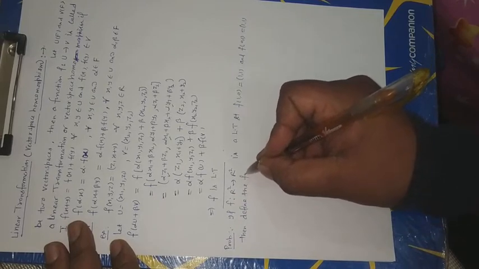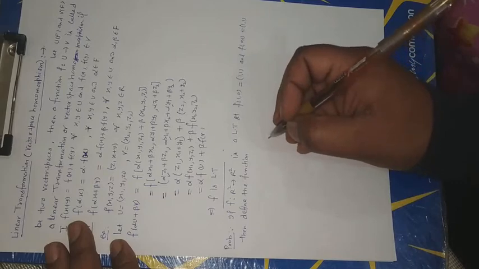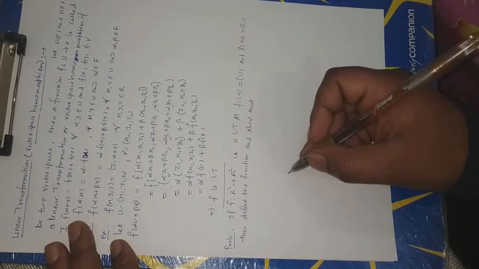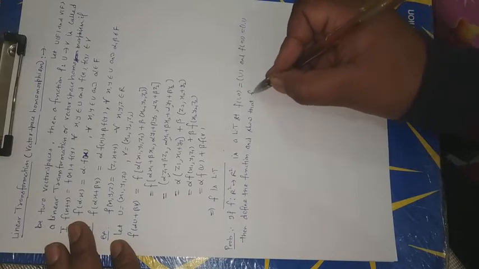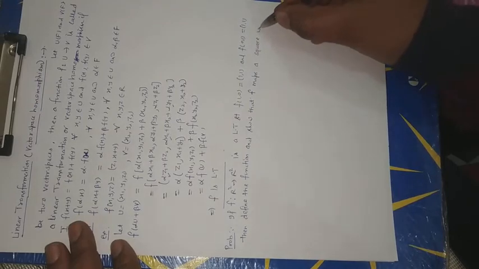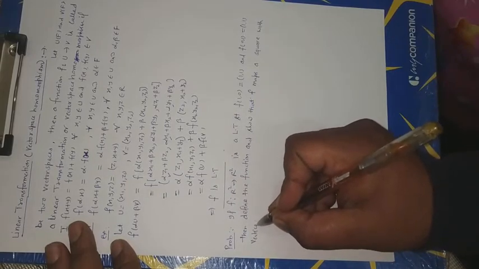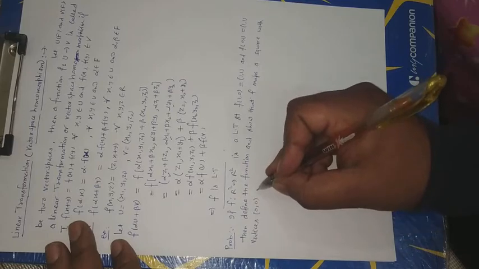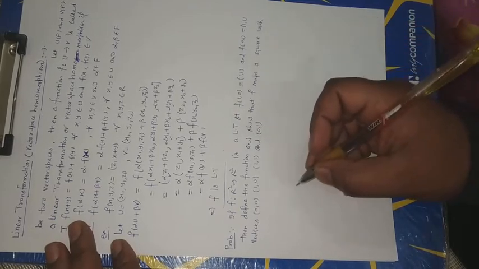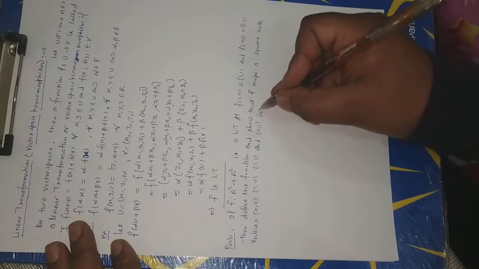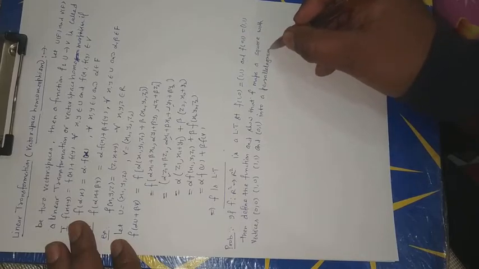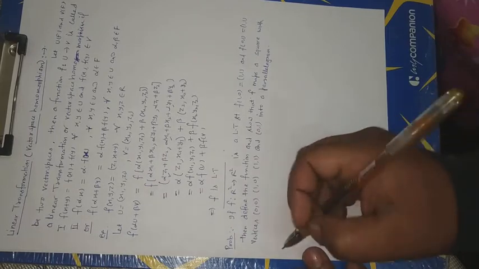then define the function, so that f maps a square with vertices (0, 0), (1, 0), (1, 1) and (0, 1) into a parallelogram. Now solution.